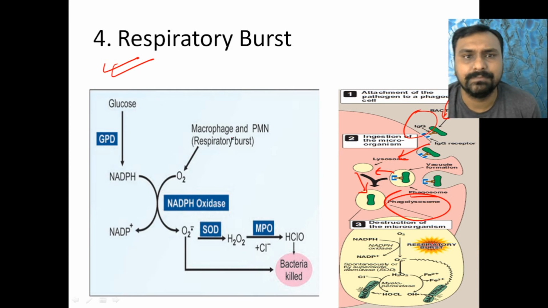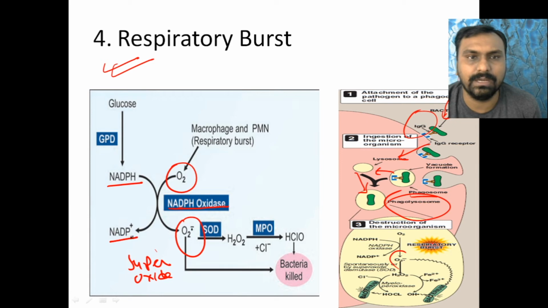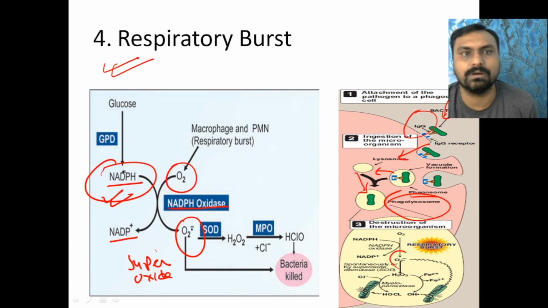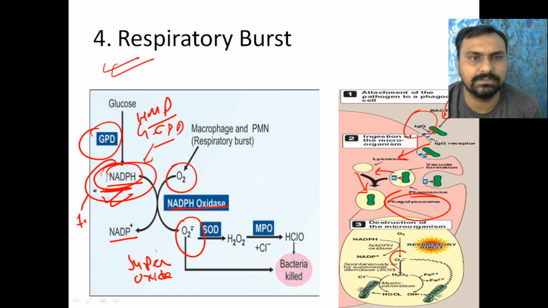Oxygen is converted to superoxide radical by NADPH oxidase, and NADPH is converted to NADP. So NADPH plays a very important role. What is the source of NADPH? It is the HMP pathway, from the glucose 6 phosphate dehydrogenase (G6PD) enzyme, which produces NADPH. This NADPH helps in fatty acid synthesis, cholesterol synthesis, and also in the production of superoxide radical.